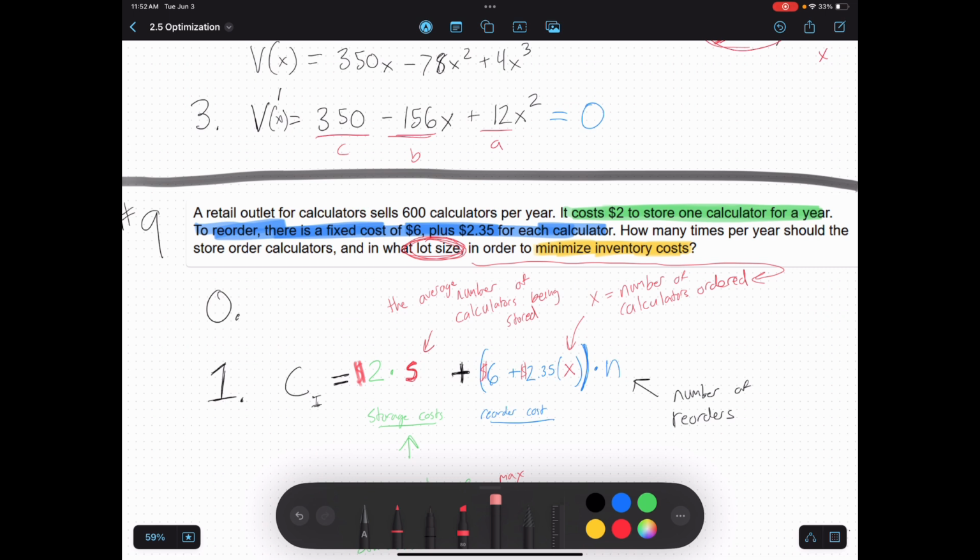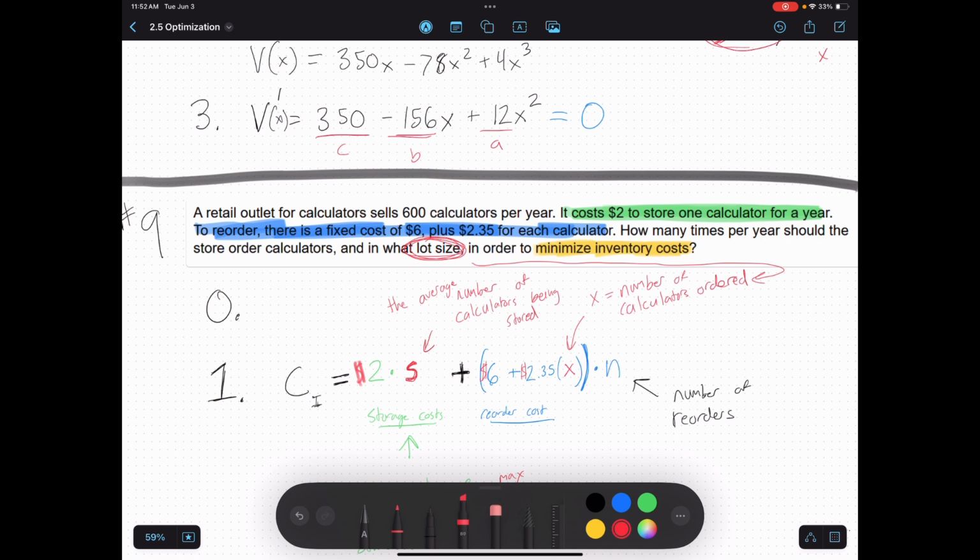So here I have my inventory cost equation that's got 3 different variables in it. So now I need to make sense of each of these variables in order to try and get this all in terms of one variable. Let's start with the number of reorders. What info have we still not used? What additional piece of information have we not used in this equation?